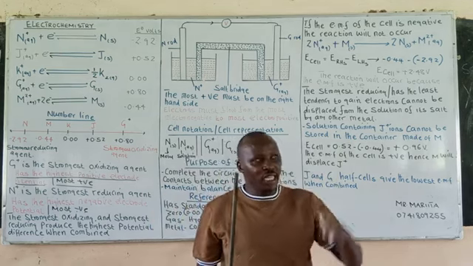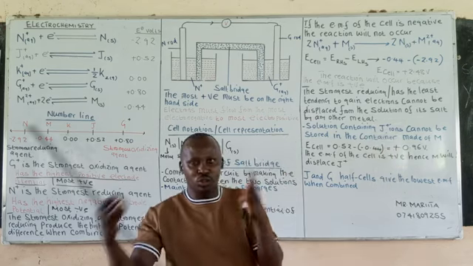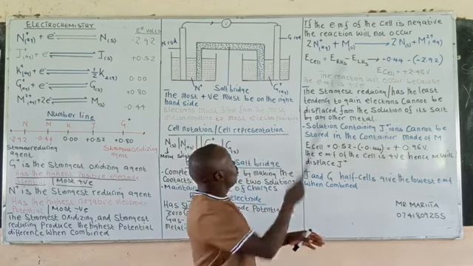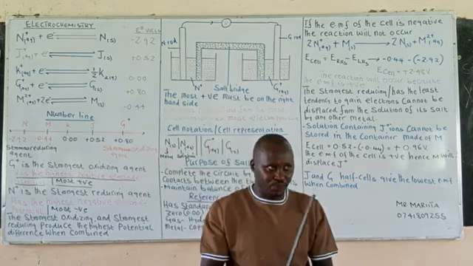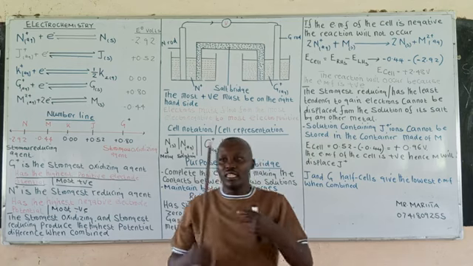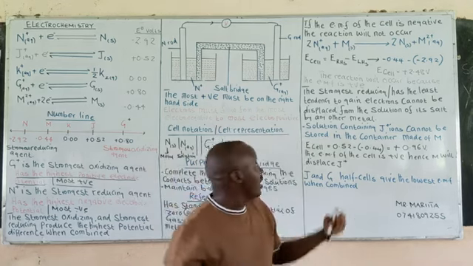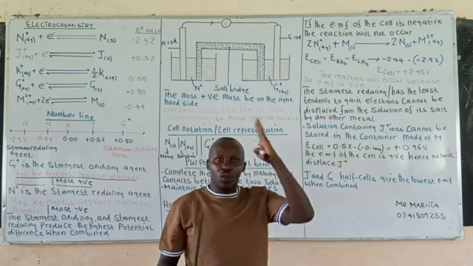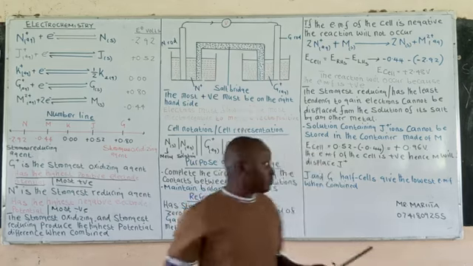If you get a negative EMF value, it means the reaction will not occur. That means a solution of N can be stored in a container made of M. But if you calculate the EMF of the cell and get a positive value, it means the reaction will occur. That means a solution of N will not be stored in a container made of M.